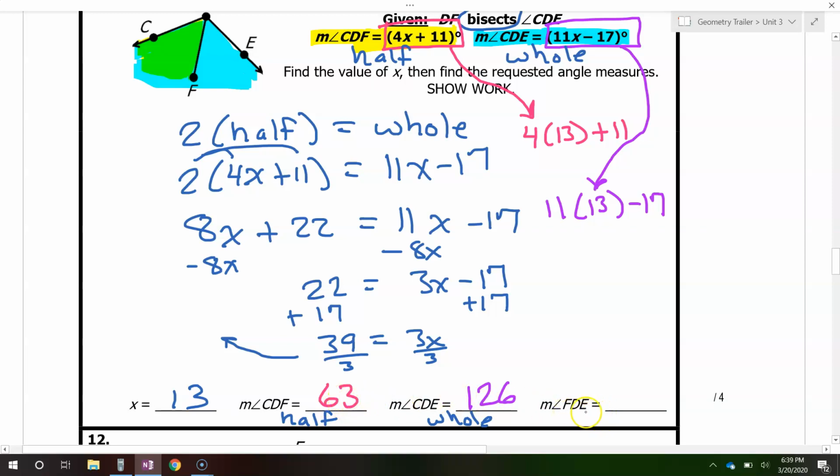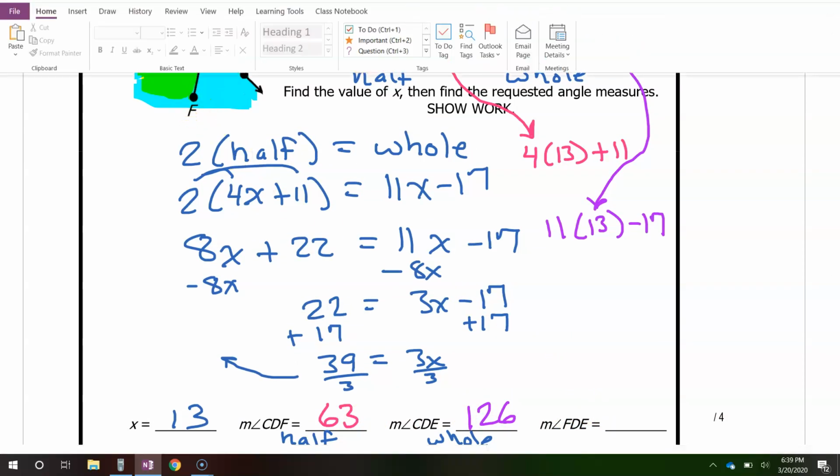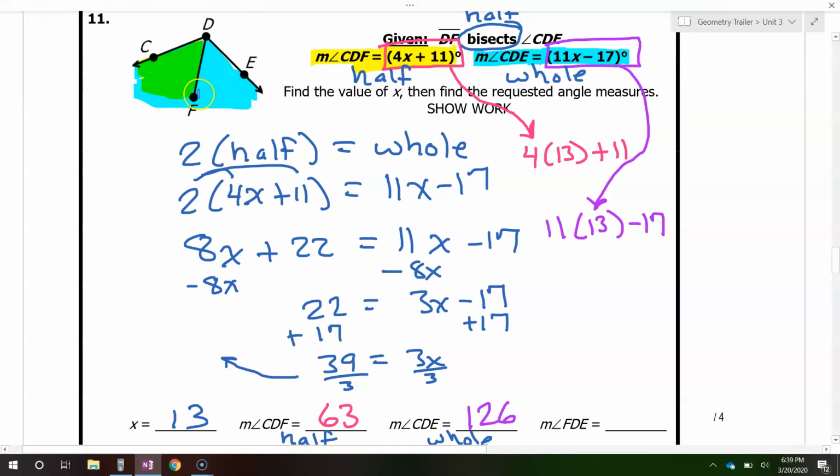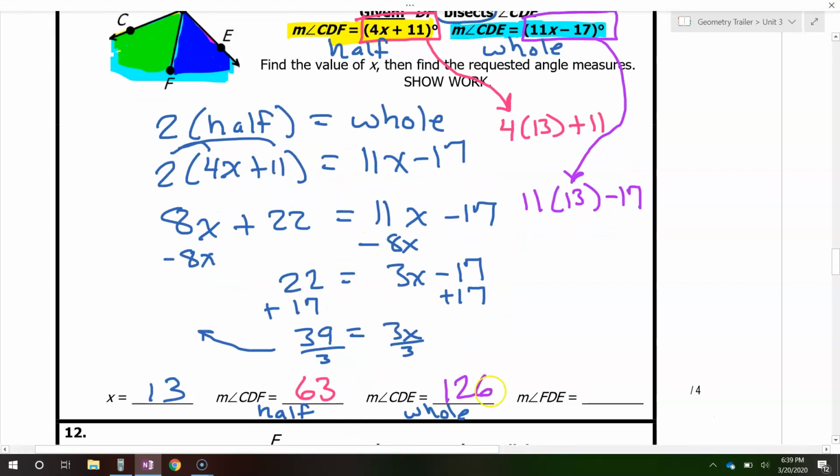But how about FDE? FDE is this angle over here. This is FDE right here. And hopefully you can see that FDE is the other half. So since this is also a half, it should also be 63.